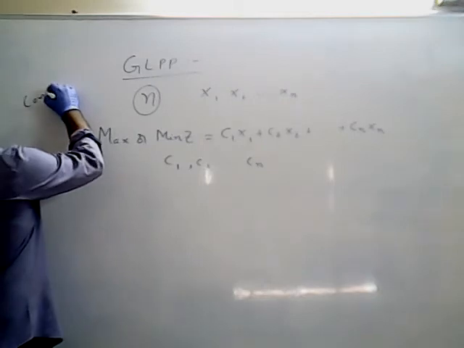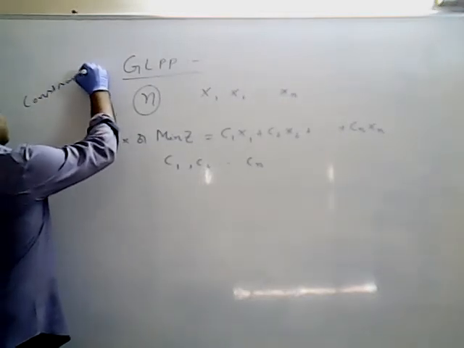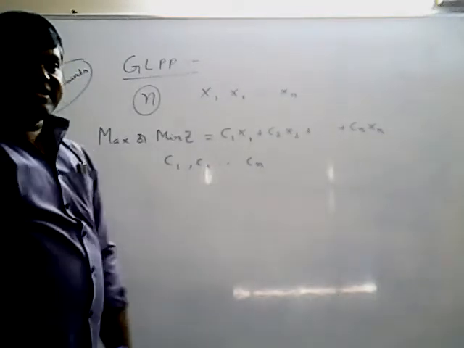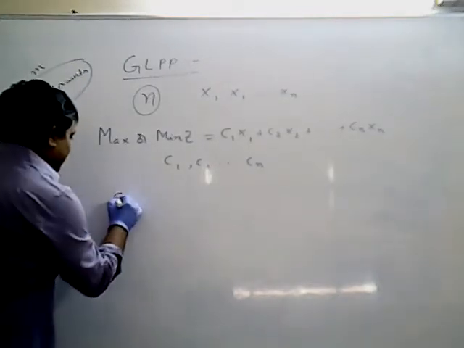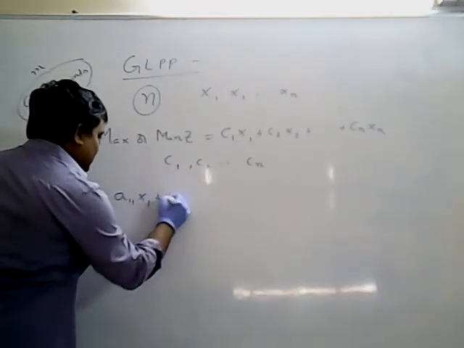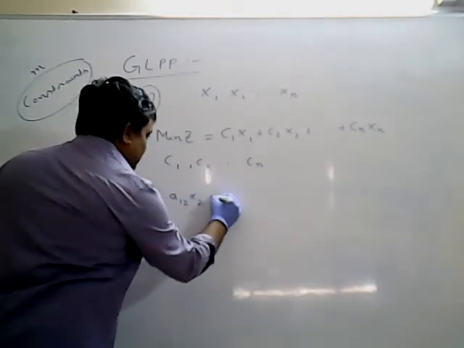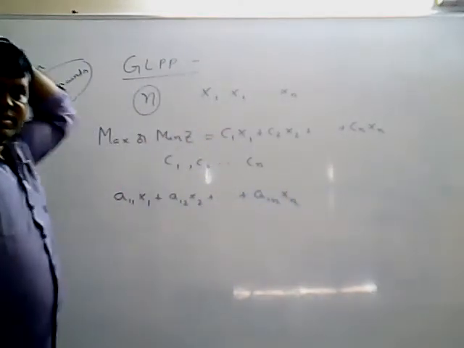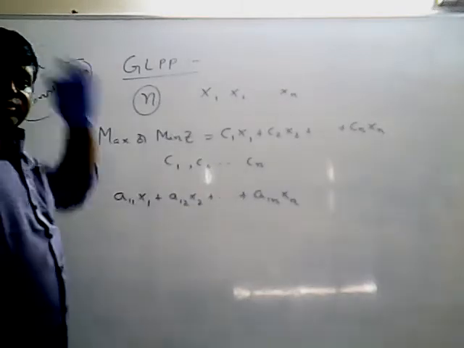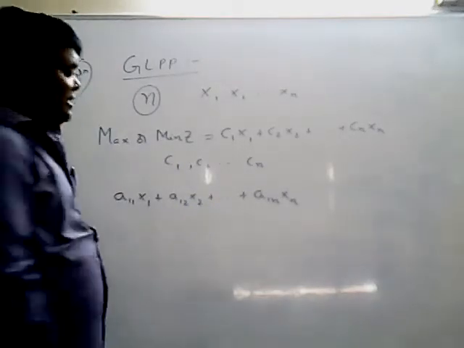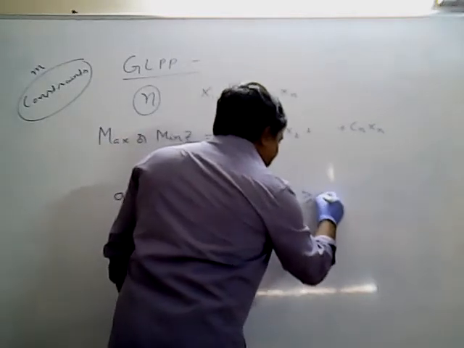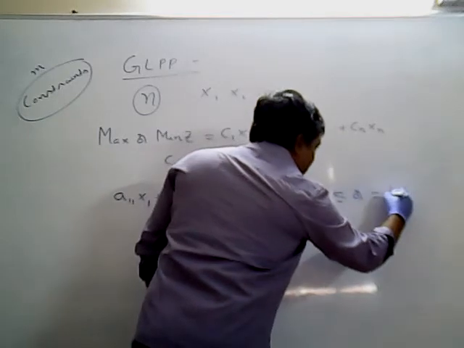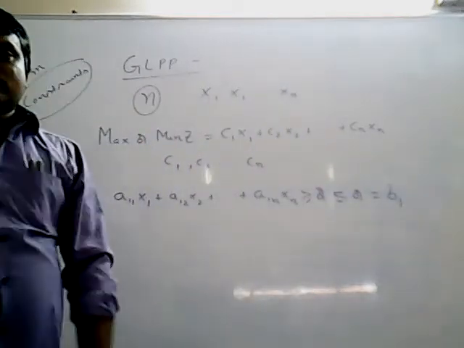I will tell you what you mean by constraints. Write in the next line: a11 x1 plus a12 x2 plus so on a1n xn is greater than or equal to, or less than or equal to, or equal to b1.